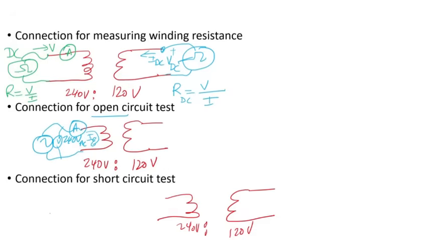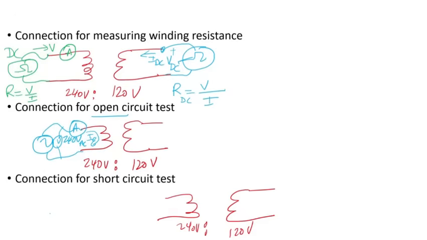For large transformers, typically the short circuit test is applied on the side with the high voltage, because the side that has the high voltage will have a lower current. It's for safety purposes, lower current, plus manufacturers may not have the capability of producing a high current.